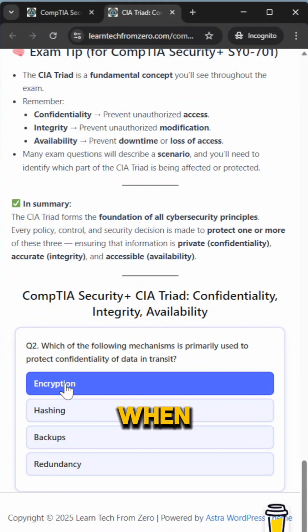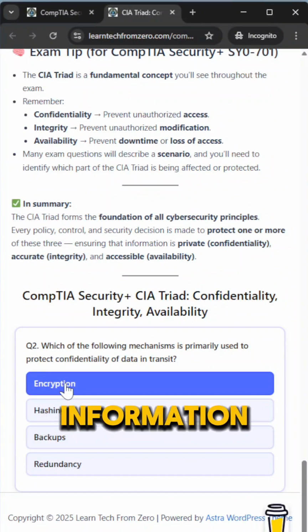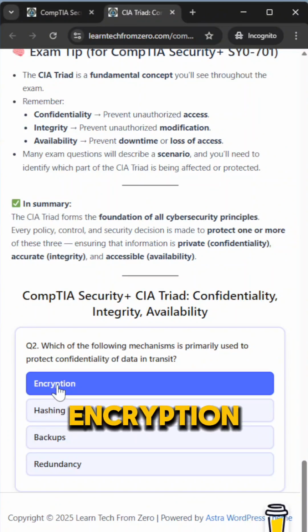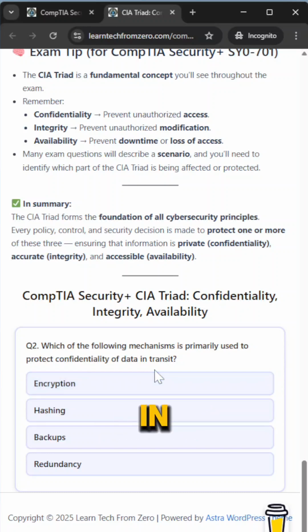Encryption is when we change secure, private or sensitive information and make it unreadable. That's what we call encryption. It just gives you random data that you will not be able to read. We normally use encryption for data in transit.